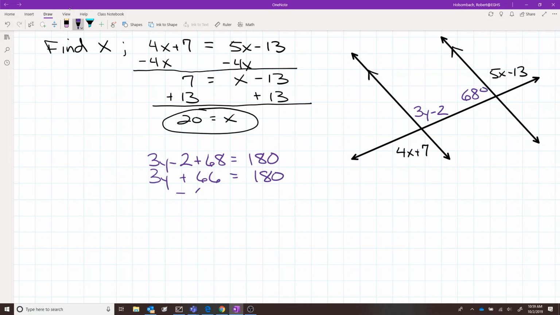Subtract 66. 3y equals 180 minus 66. 114, and divide by 3. And y equals 38.